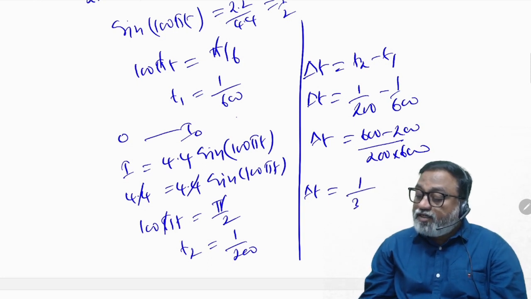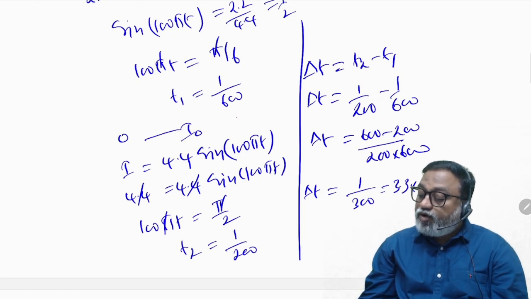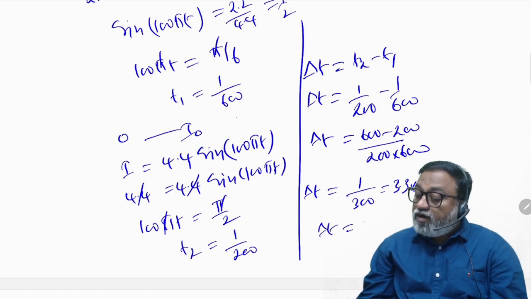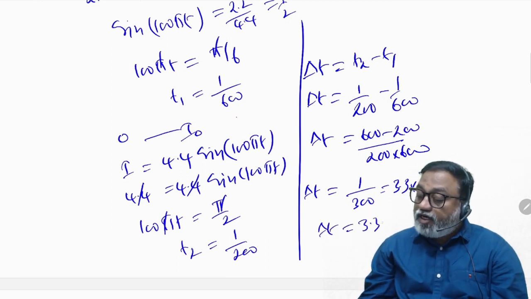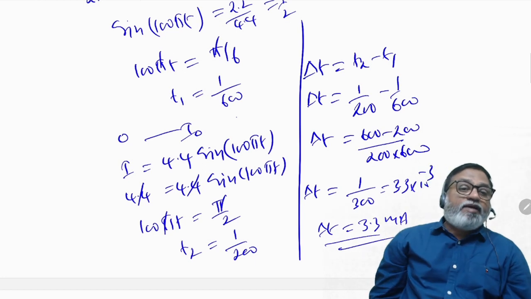This becomes 1 by 300, which is approximately 3.3 into 10 to the power of minus 3. Therefore, delta T is equal to 3.3 milliseconds. This is the general method.